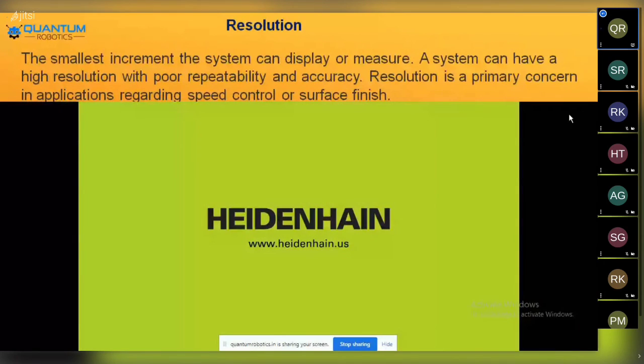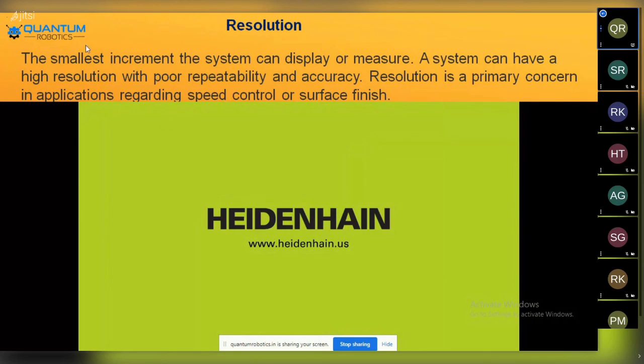I hope all of you have understood what accuracy, repeatability, and resolution are, and how we select the particular task by using accuracy and repeatability, and which clock it will be, the right clock with which we are going to execute our task.